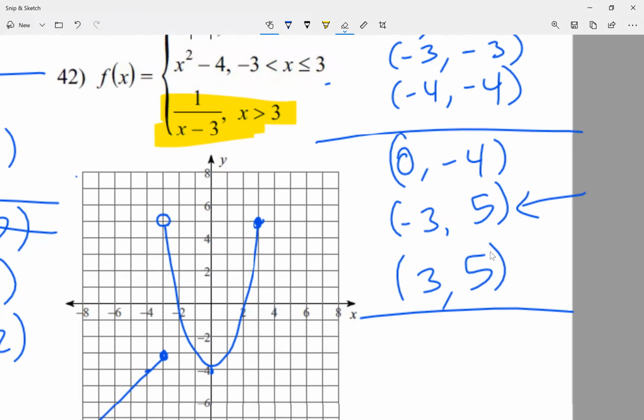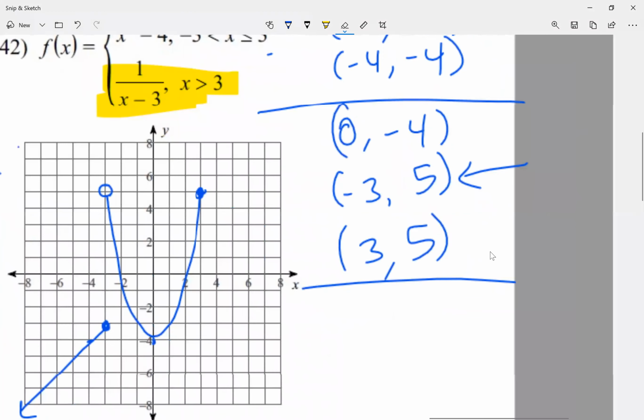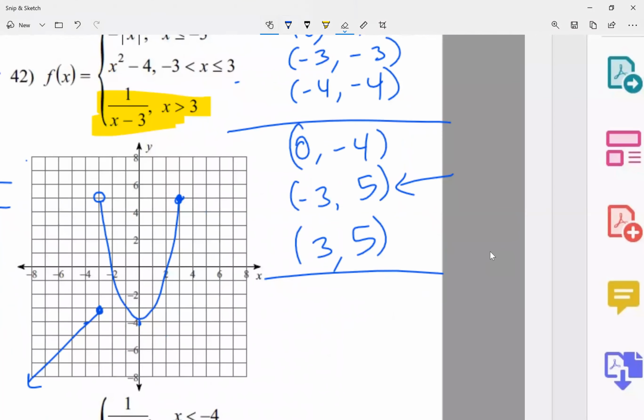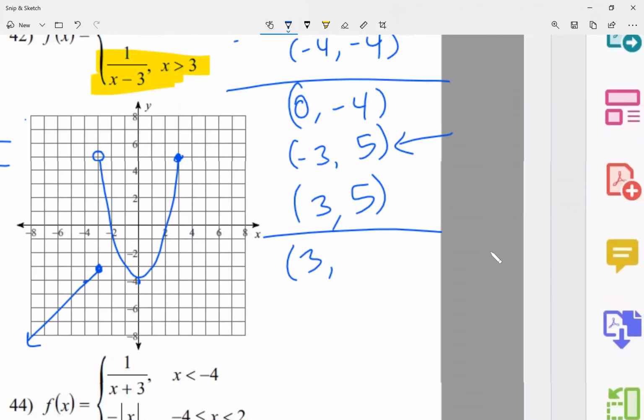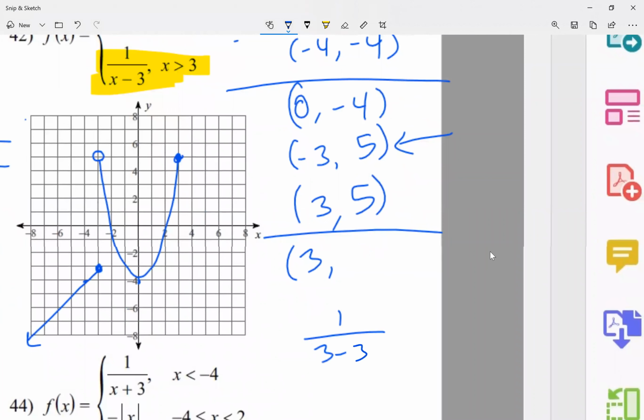Okay. So what if I choose the point when x equals 3? What will be my y value? So let me write that as 1 over 3 minus 3. So that gives me 1 over 0.